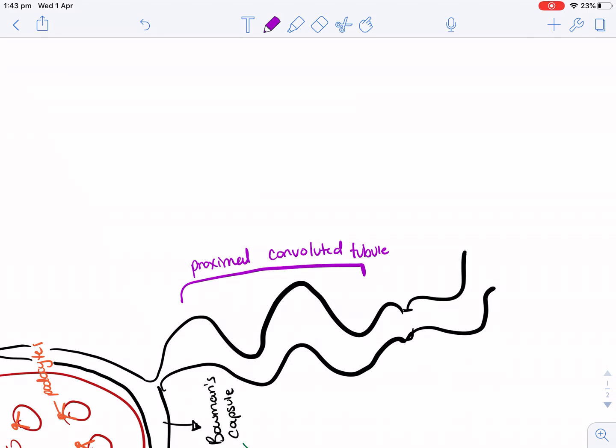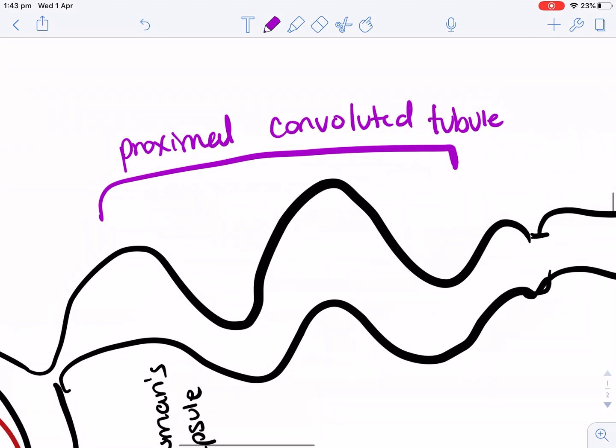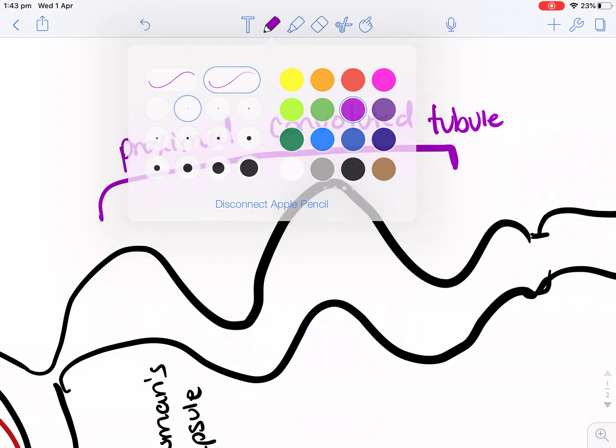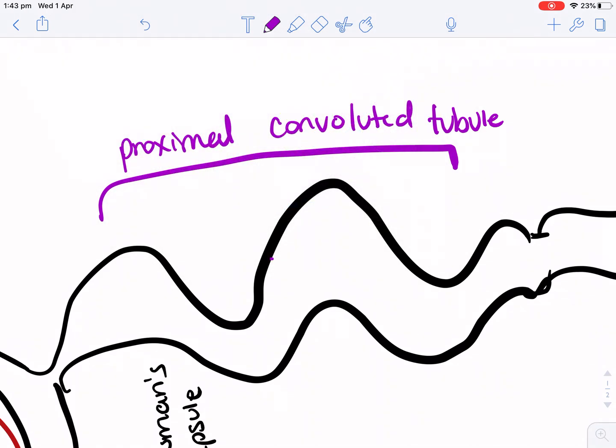Now, in the proximal convoluted tubule, we have a lot of reabsorption to do, and we want to do this at an efficient pace. So the cells that we find in the walls of the proximal convoluted tubule are cuboidal cells that are specialized in that they have microvilli.